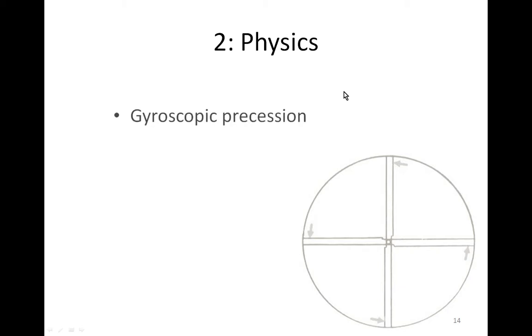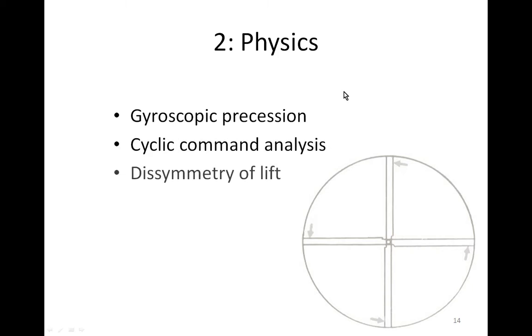So, we will see what gyroscopic precession is. Then we will analyze a cyclic command to understand how gyroscopic precession is managed. And finally, we will see dissymmetry of lift and how to counteract it.